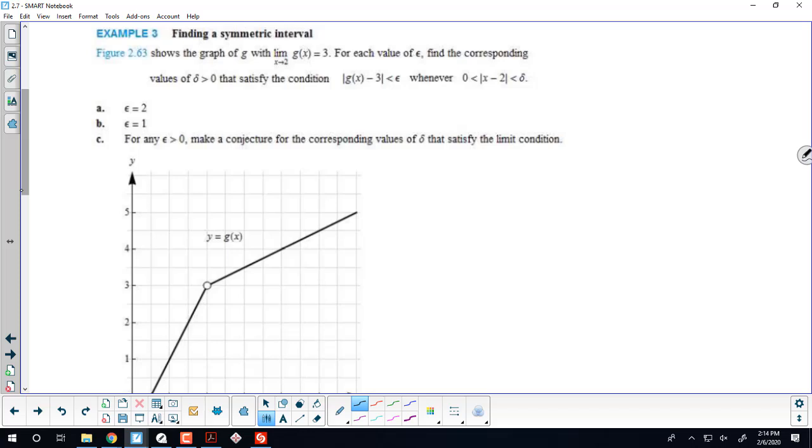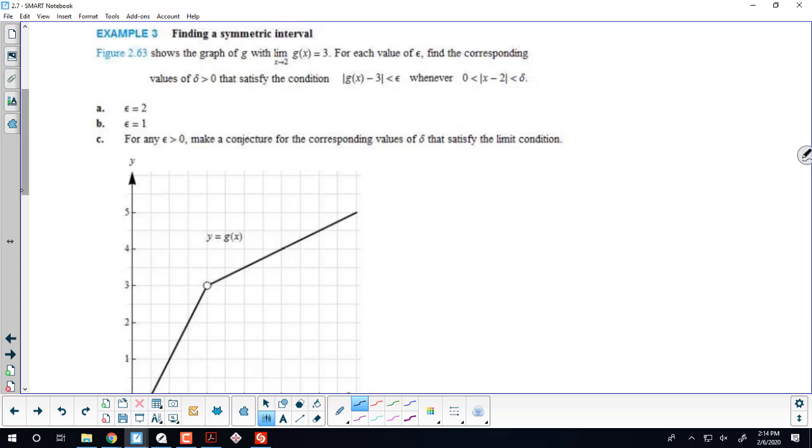You can see that graphically as well. For each value of epsilon, find the corresponding value of delta, satisfying the condition absolute value of g of x minus 3 is less than epsilon. So again, think of that as we're less than epsilon units away from 3 on the y-axis.